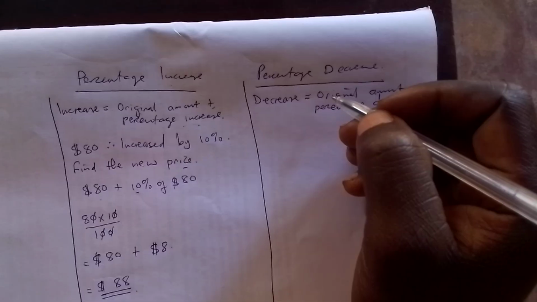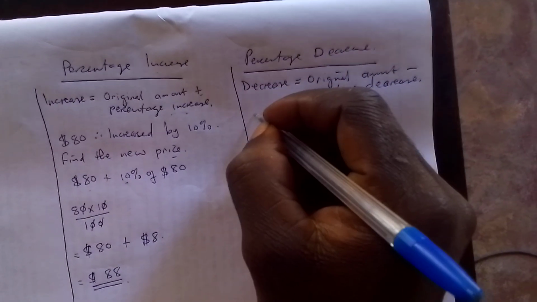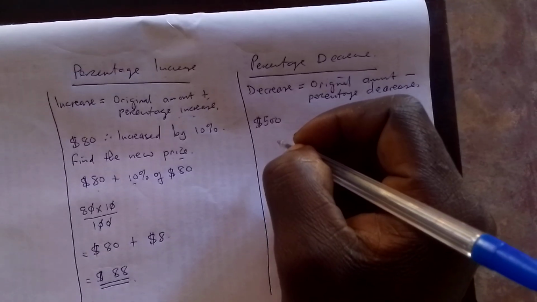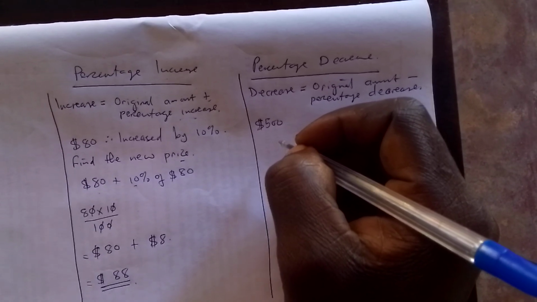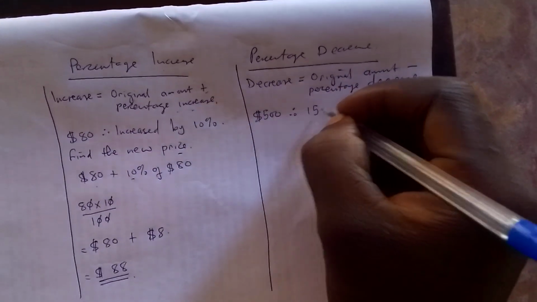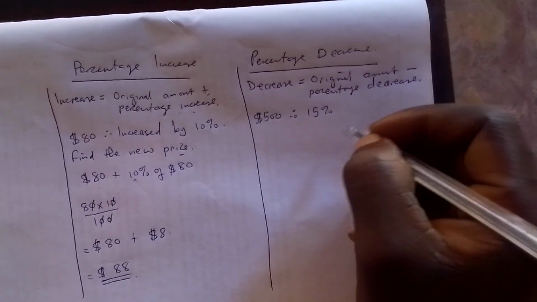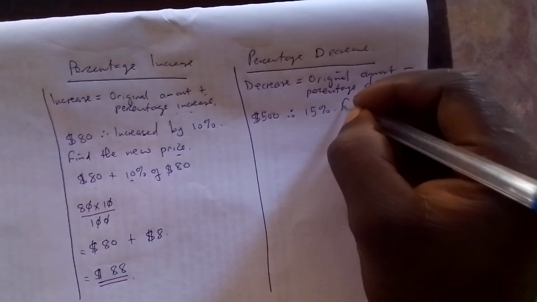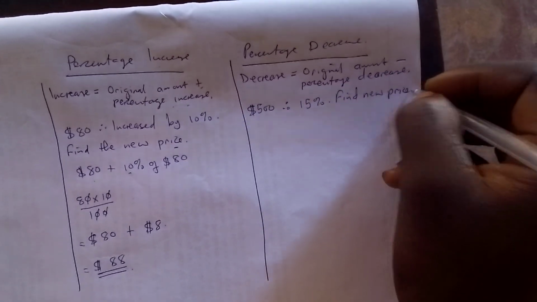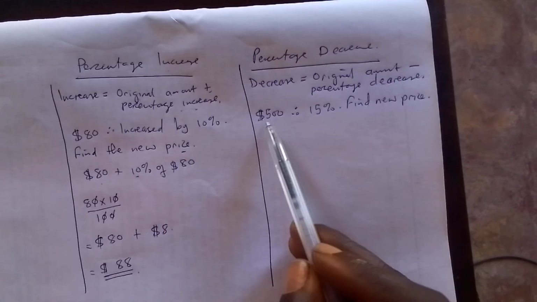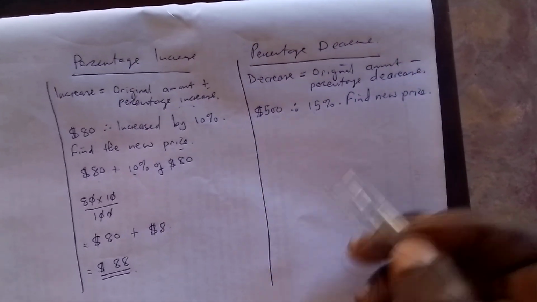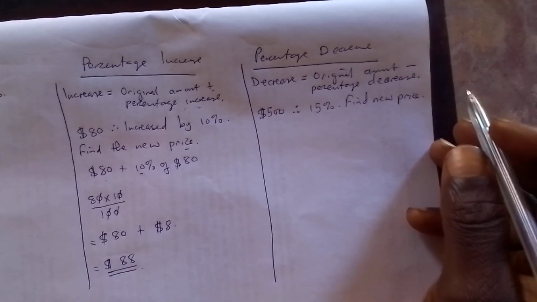Right. A TV set costs $500 and is reduced by 15%. Find the new price.